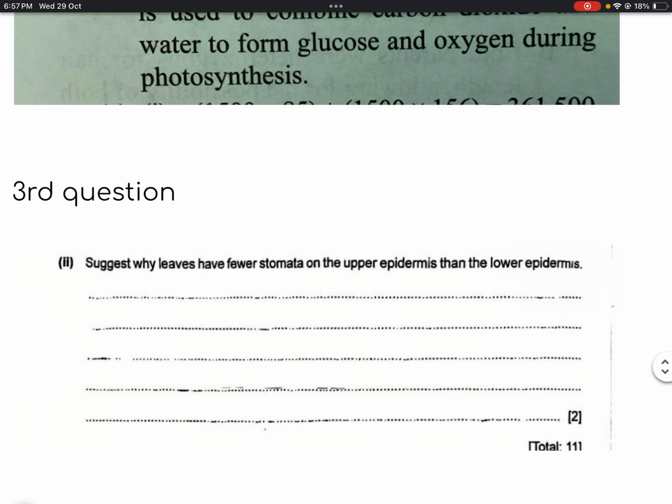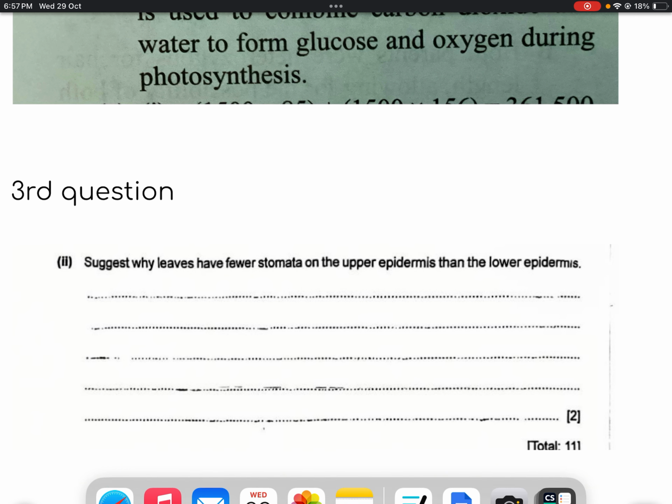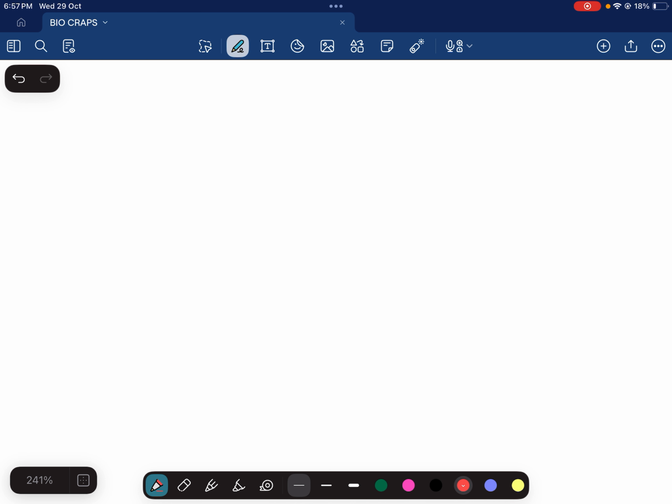Okay, third question. Why do leaves have fewer stomata on the upper epidermis than the lower epidermis? This is because on the upper epidermis, it reduces the amount of water loss by direct exposure to sunlight.